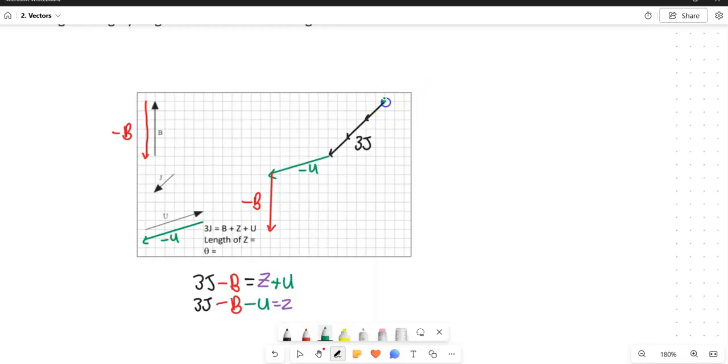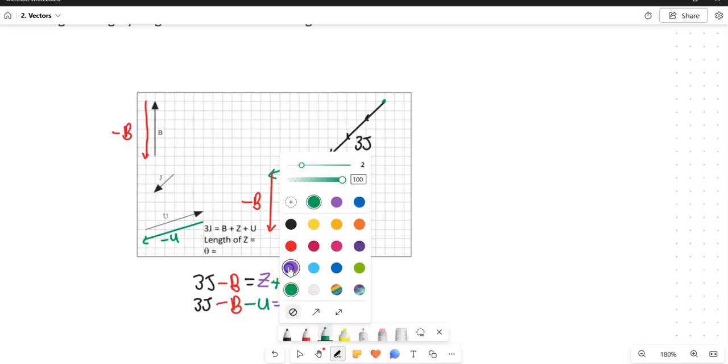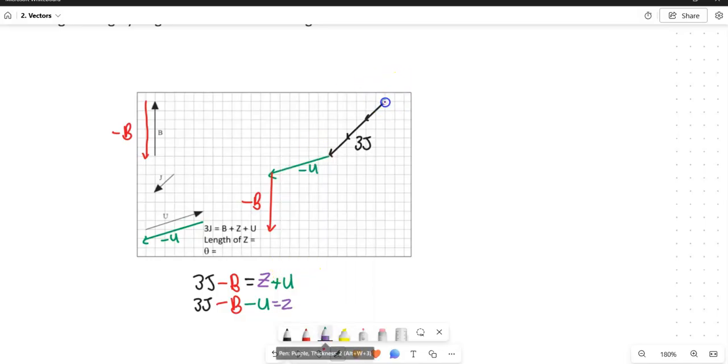I like the 3 vectors because it makes you really strong at doing your vector addition and your trigonometry as well. Okay, so the z vector, which we're going to use purple, and we're only going to do our trigonometry on this. This is pointing down and to the left.